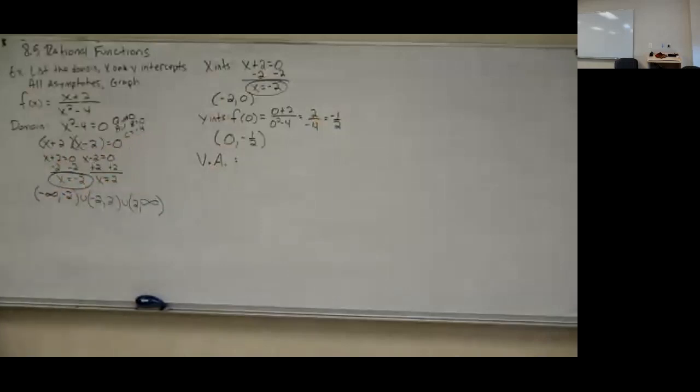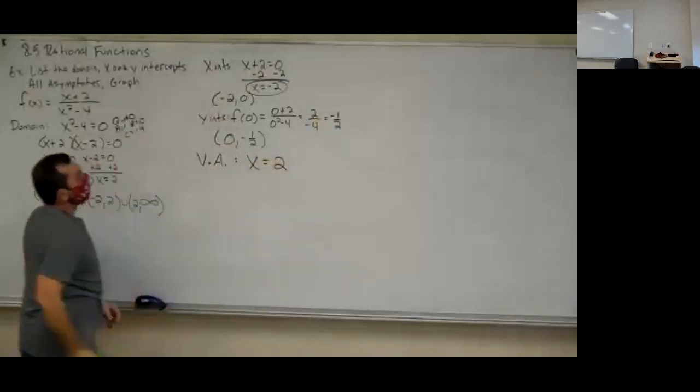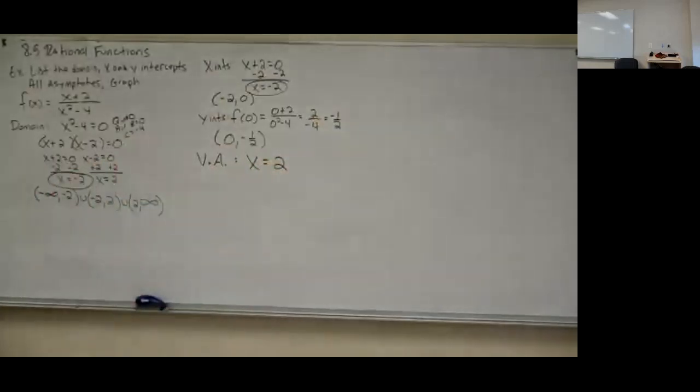So the only vertical asymptote will be x equals +2. The -2 got canceled because I had a -2 zero on the top, and they canceled. So what's going to happen on our graph, where the -2 was, is there will be a hole in the graph instead of the big vertical asymptote.